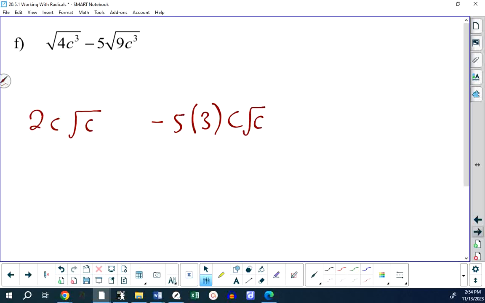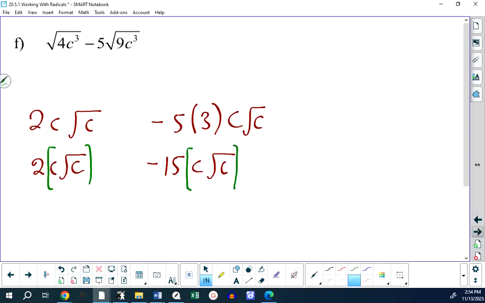So I have 2c root c minus 15c root c. And if I were you, and I'm not, so you have to decide, I would not think of this as a number of root c's. I would think of it as a number of c root c's.